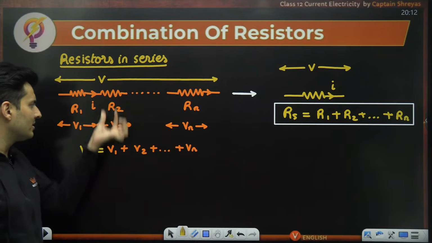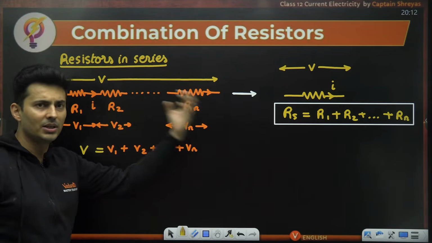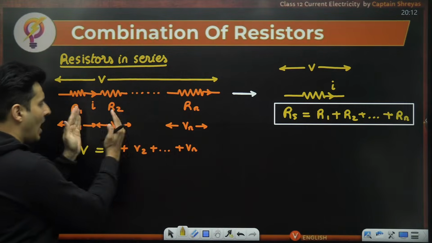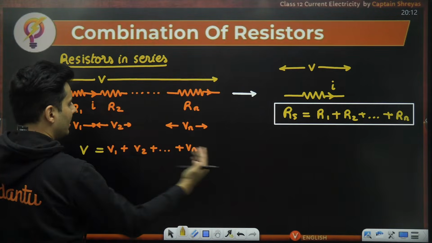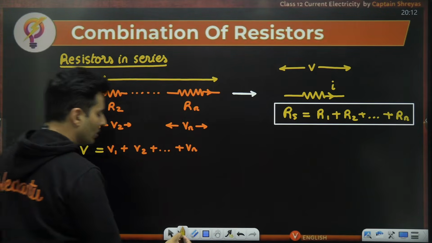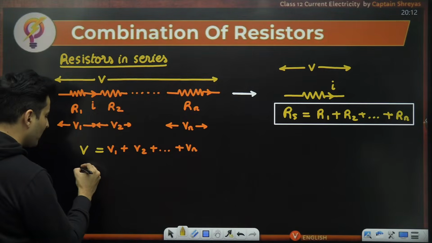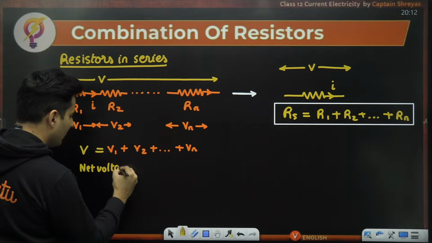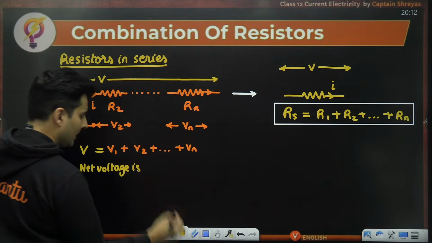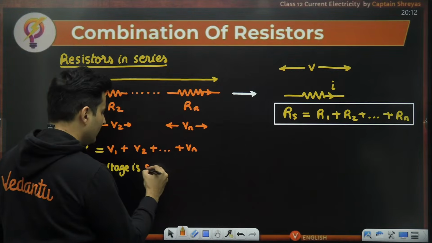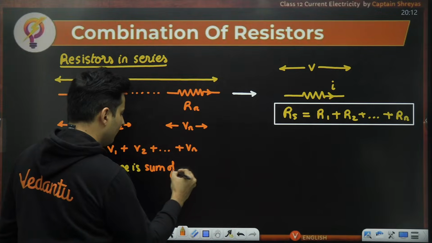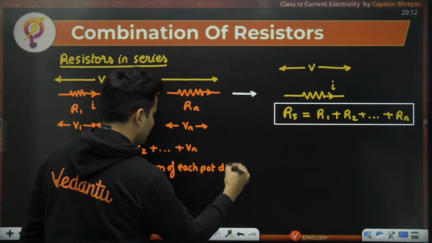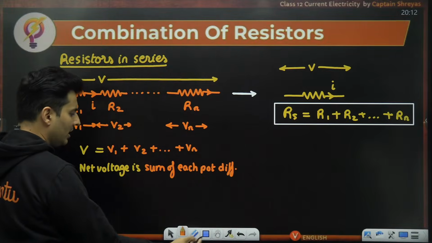This has 2 volts, this has 3 volts, this has 1 volt, this has 7 volts. If you add these voltages, you will get the net voltage drop. So the potential drops add. So the net voltage is the sum of each potential difference.